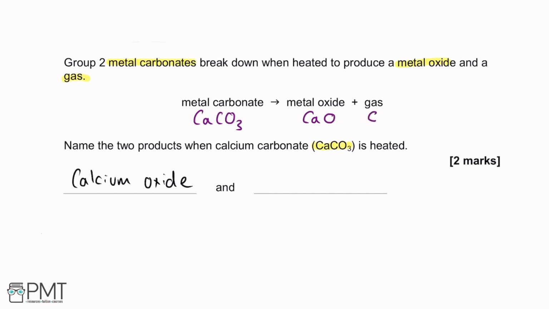We've got 1 carbon atom and 2 oxygen atoms. So we get CO2, which is carbon dioxide. Okay, so that was a 2-mark question. You get 1 mark for the metal oxide and 1 mark for the gas.